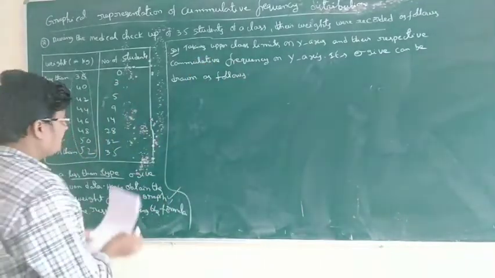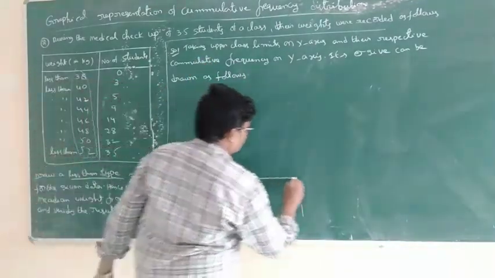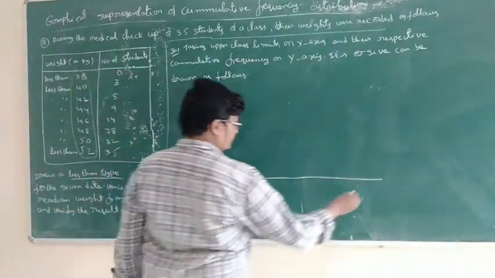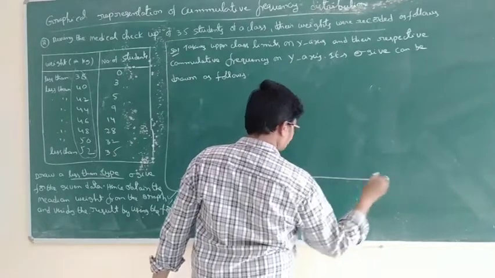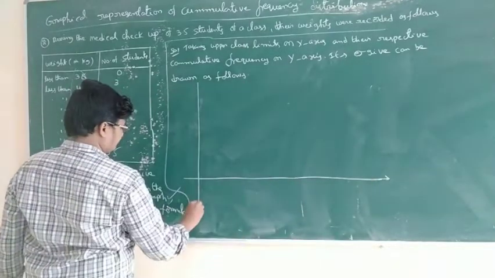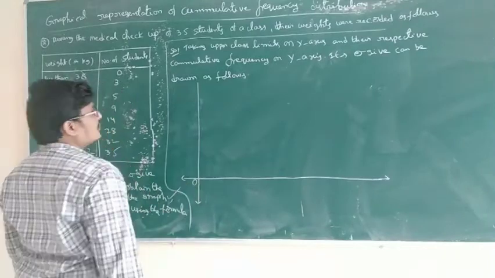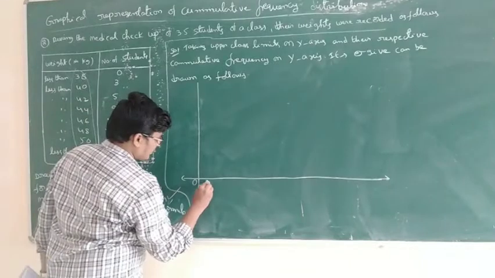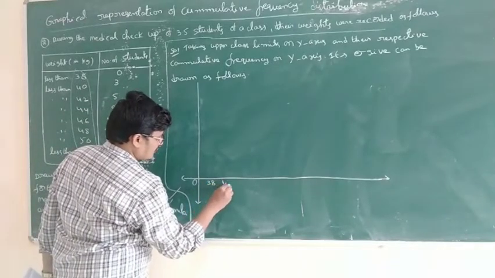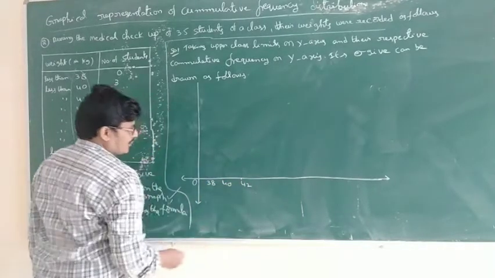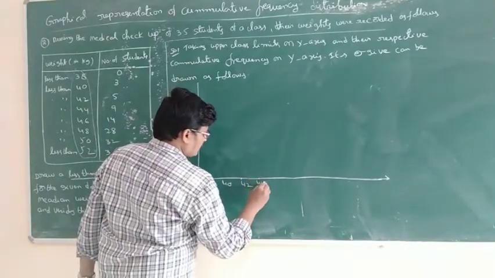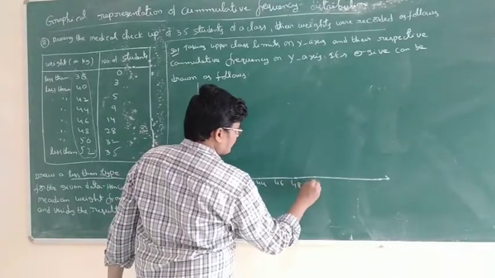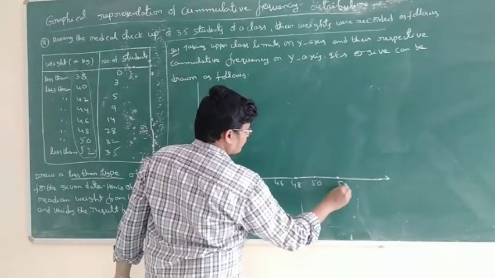Okay, so the graph. On the x-axis, the upper class limits: 38, 40, 42, 44, 46, 48, 50, 52.